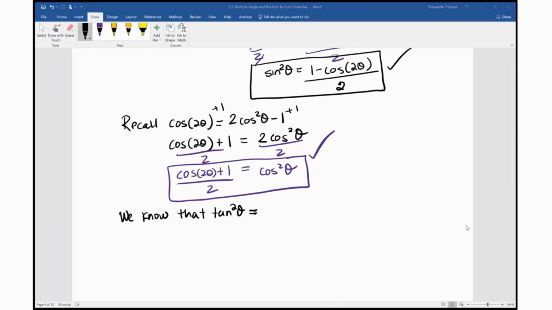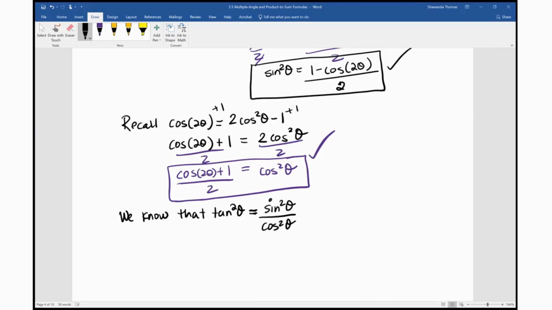Identity, however you want to say it. Just plain tan theta. Michaela? Secant squared minus 1. Oh, not even that fancy. What's basic sine over cosine? That's the most basic one we learned, sine over cosine. So tan squared theta would actually be sine squared theta over cosine squared theta.